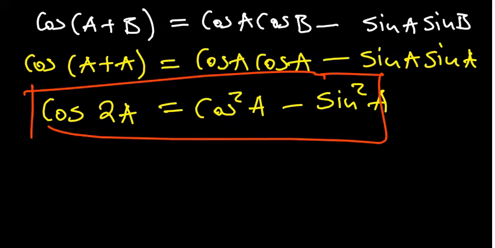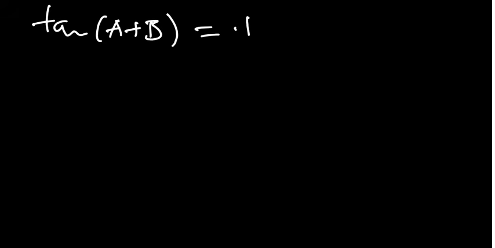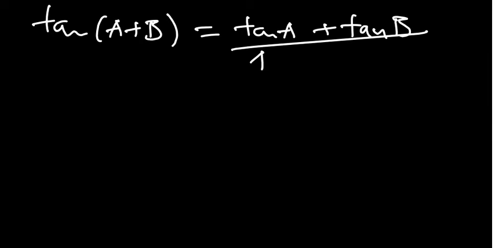And then finally, one more. So we said tan a plus b. We said tan maintains the sign, so it will be tan a plus tan b, and then we said it was 1 minus the product of tan a tan b. What do you expect to have?